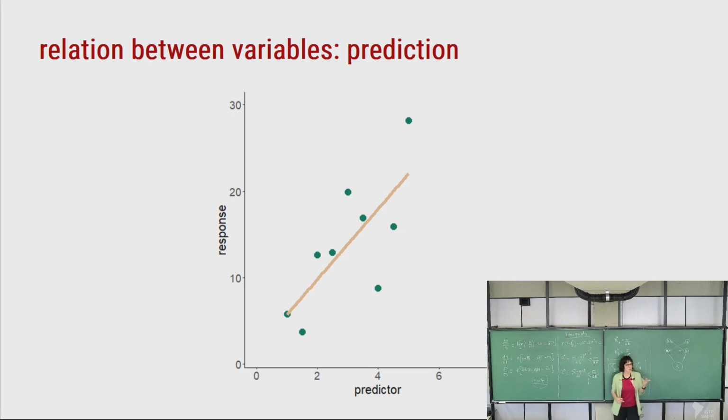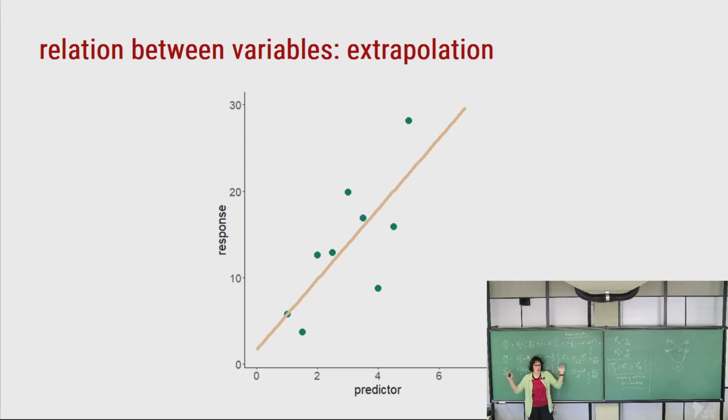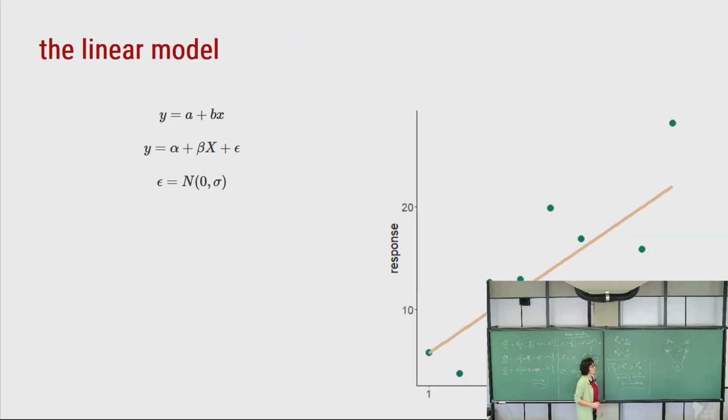But when we are doing prediction, we don't go beyond the data. That's extrapolation. That's a different thing. So here is prediction, here is extrapolation. We go beyond the data. There are a few cases in ecology where we do actually extrapolate. Usually we are doing prediction. We would stick to that unless you have a really good reason for extrapolating.